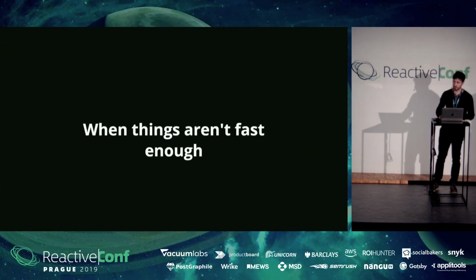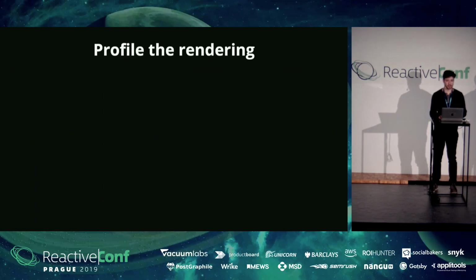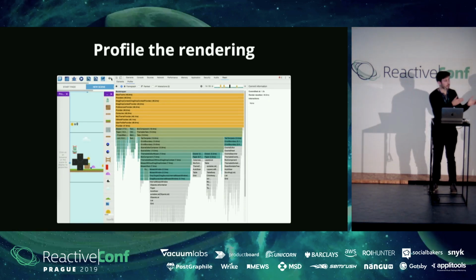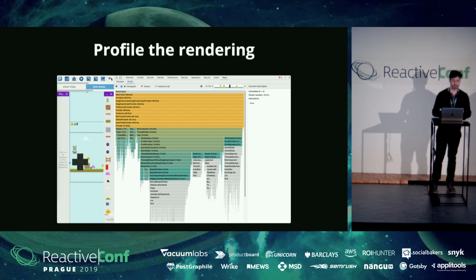Sometimes things are not fast enough, meaning that things are too slow to render on the screen. In this case, the best bet, in the case of React, is to use the React profiler. So for example, if you have something that is too slow to render, take a look at the profiler. It's displaying all the components in your application, and it's coloring the components that are being re-rendered after an interaction.